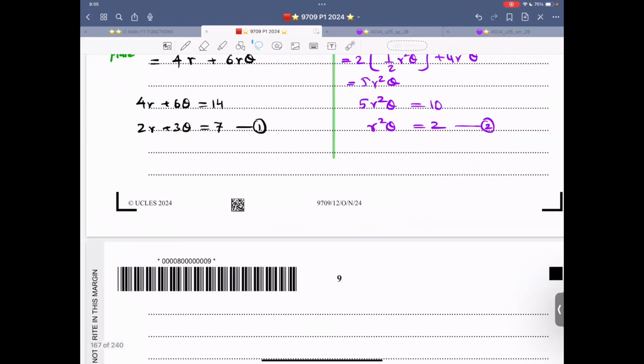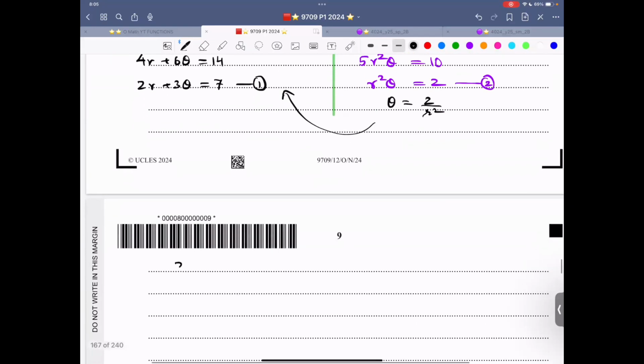So now what we can do is make one of them the subject. I can work for R, but let me make theta the subject. Theta is 2 over R squared. Plug this thing over here. So therefore, 2R plus 3 theta is 7. 2R plus 3 times 2 over R squared equals 7.